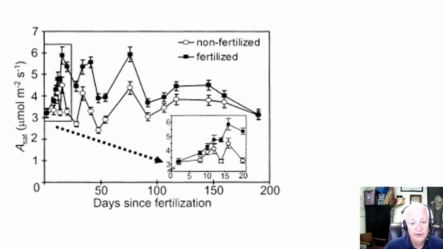So what we found in pine is that fertilization has an ephemeral effect on photosynthesis rate of individual needles, and that stimulation of individual needle photosynthesis rate is short-lived. So it doesn't explain the increase in productivity that we see in pine forests when we fertilize.